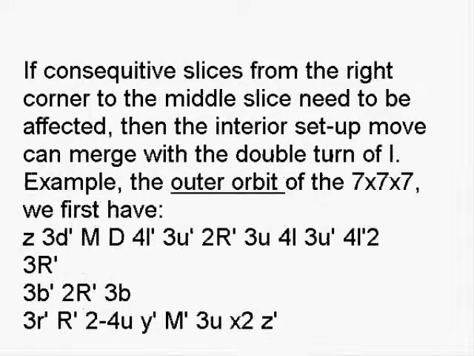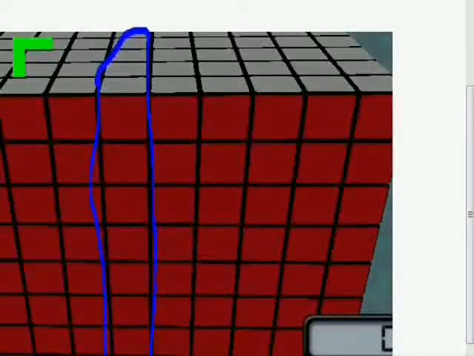If consecutive slices from the right corner to the middle slice need to be affected, as in, for example, this is the 11 by 11 cube, and this right here is the right corner.